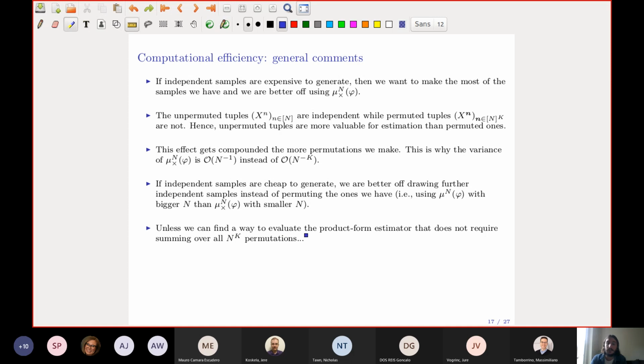In some cases, you can compute the product form estimator without having to carry out all these permutations and evaluate phi at each of them and sum them up. In particular, at the beginning, we computed the product form estimator by just computing each of the component-wise sample averages. Each of those operations is order n, and then we took the product, so the whole thing is order n. In these cases, you should definitely use the product form one. You're going to get some variance reduction, potentially a lot, and the cost is going to be comparable.